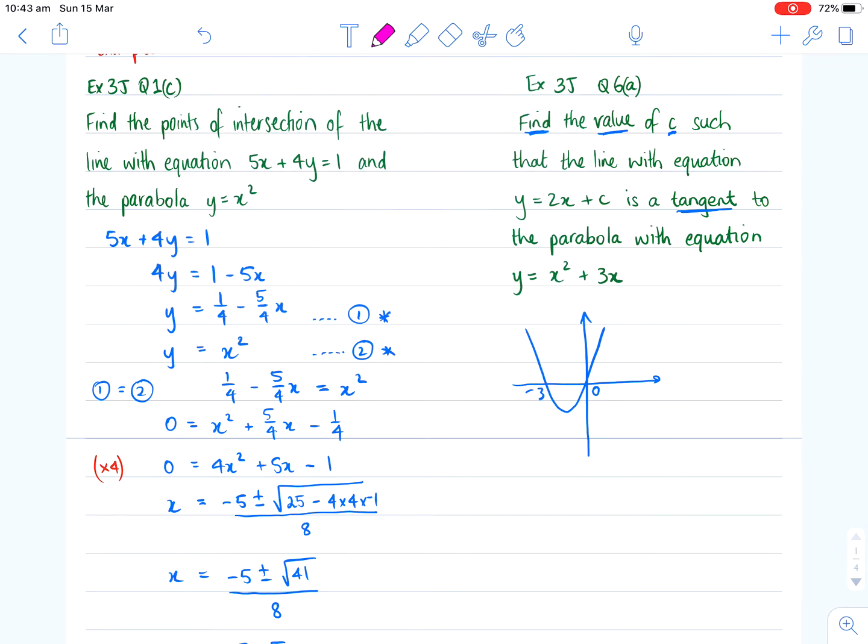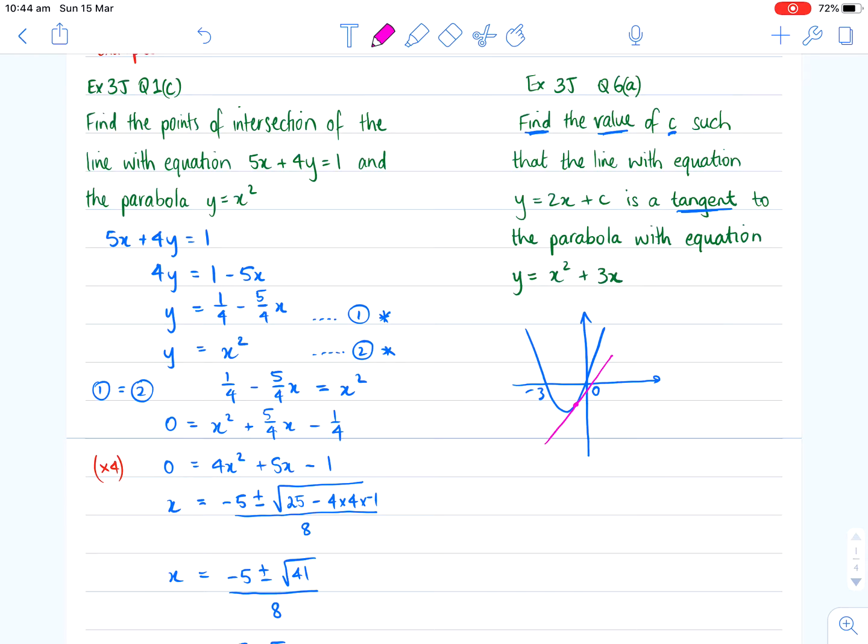And a tangent line is a line that crosses that just once. So it's going to only just touch the graph.